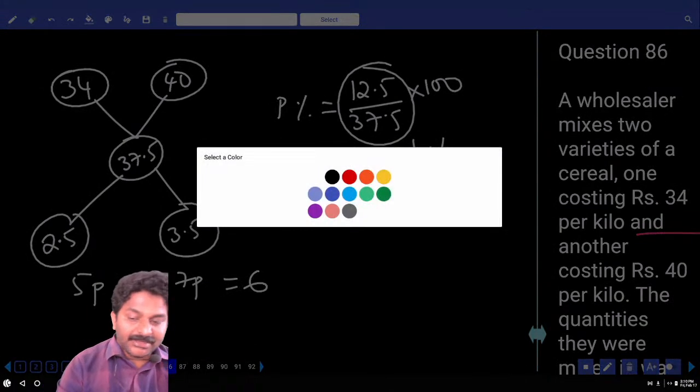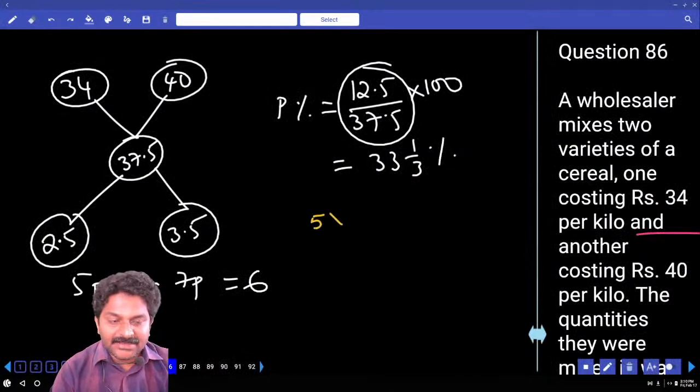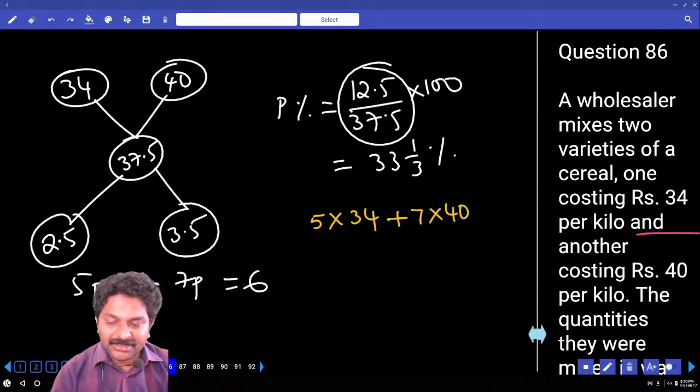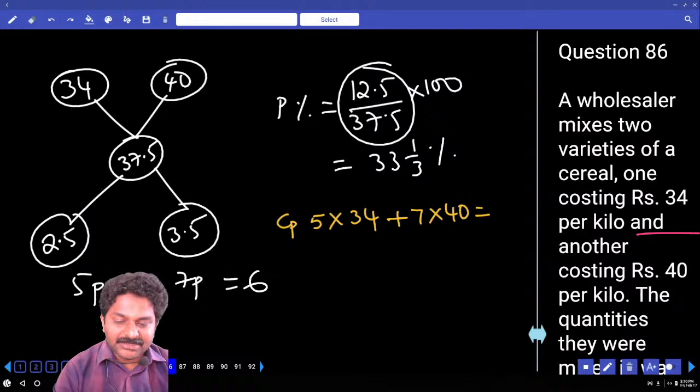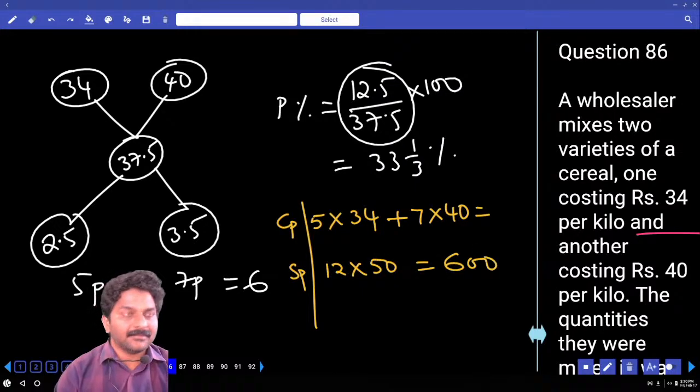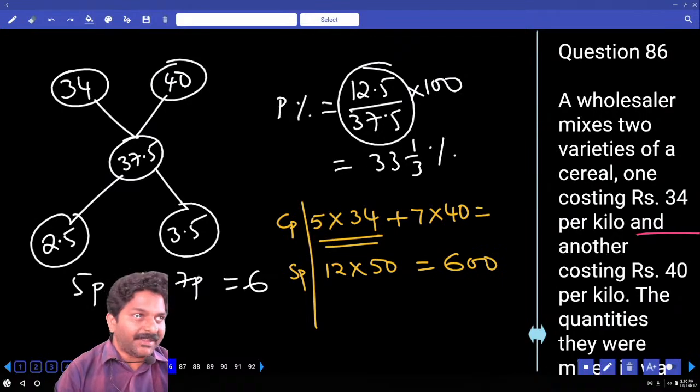Otherwise what you need to do is 5 kgs of first variety, total cost price into 34, and 7 kgs of second variety, total cost price. So this gives you the cost price. Selling price is equal to: total we have 12 kgs and each was sold at 50. This is equal to 600. How much is this? 170.